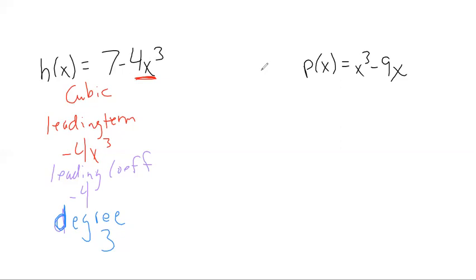Now, it says to find the zeros of this function. To find the zeros, just set it equal to 0. X cubed minus 9x equals 0. Well, factor out an x. Set them both equal to 0.